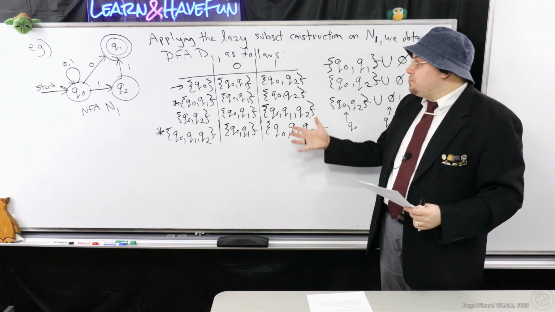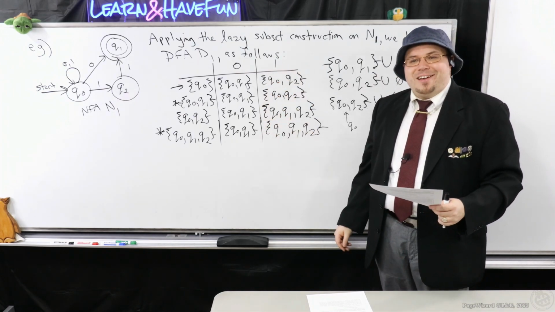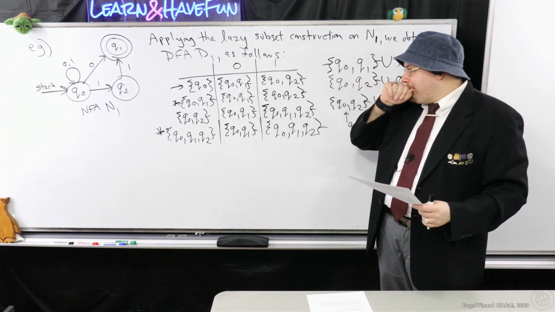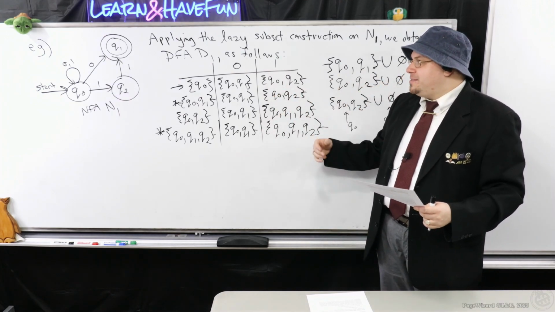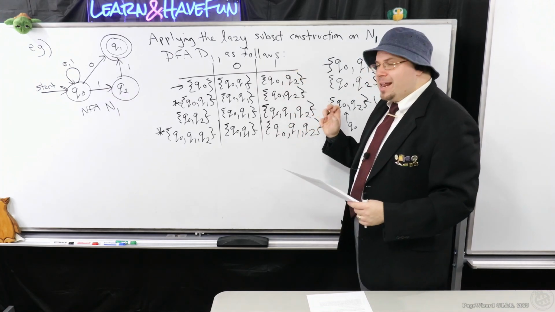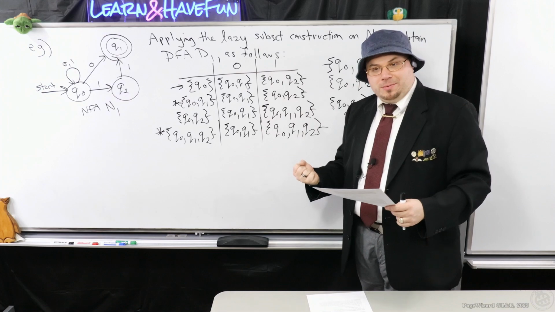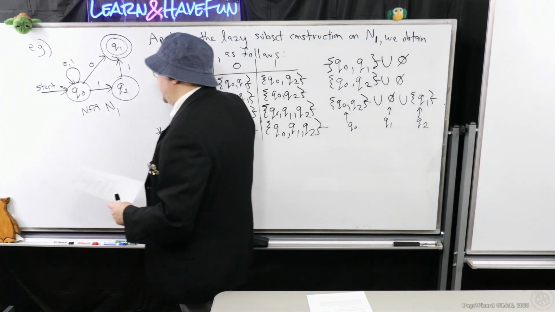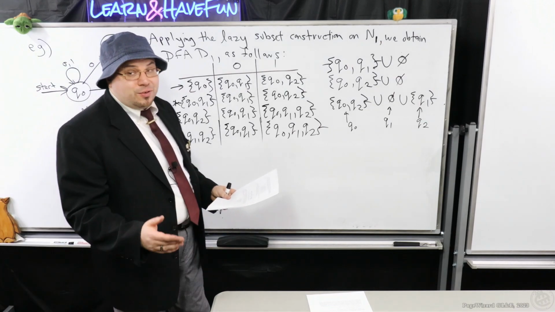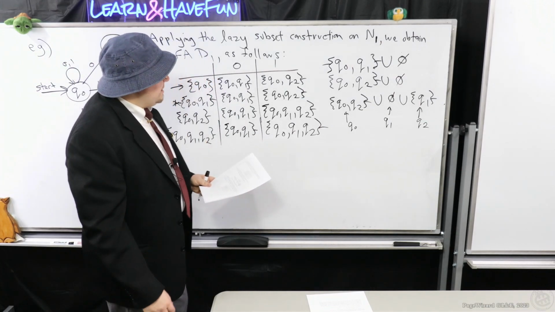Also, I encourage you to relabel this DFA so that the states don't look like subsets anymore. But this is me applying the lazy subset construction. Notice that it does not contain any states that are unreachable from the start state. That's the benefit of the lazy subset construction over its vanilla counterpart.